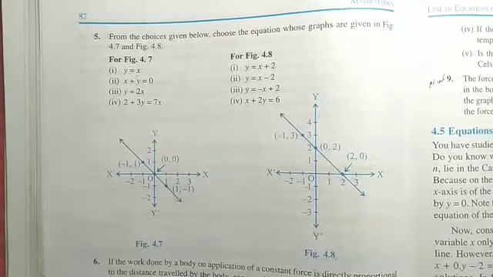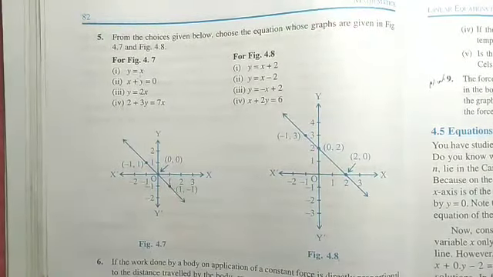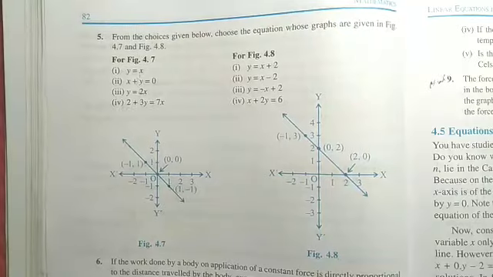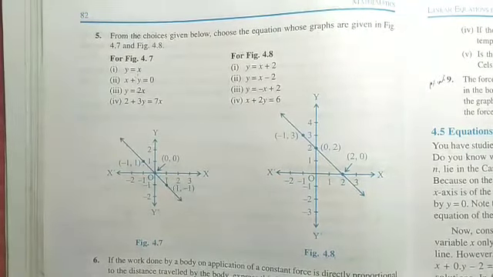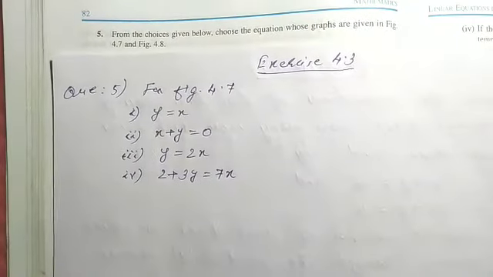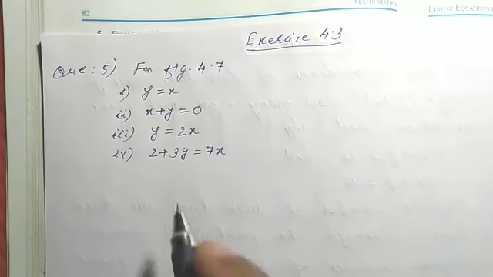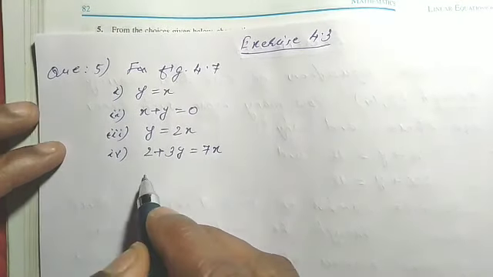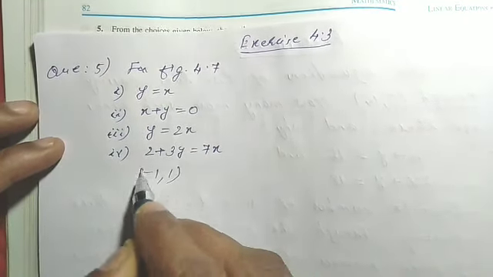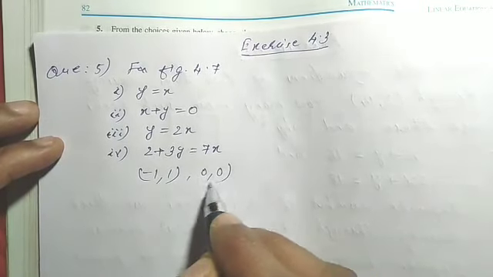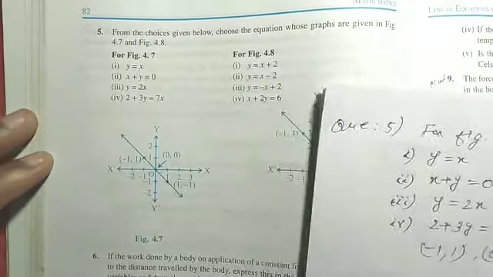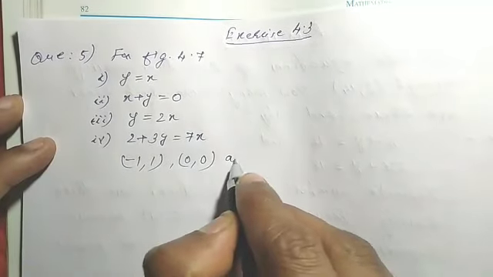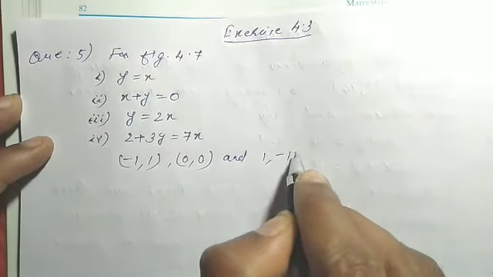Here I wrote the question, with points (-1, 1), (0, 0), and (1, -1).